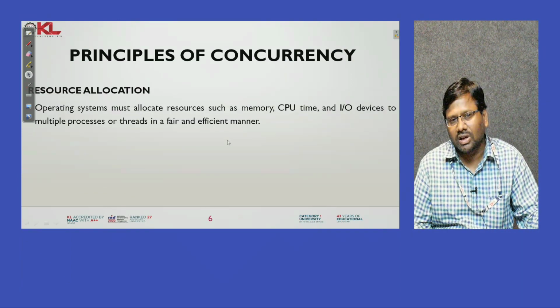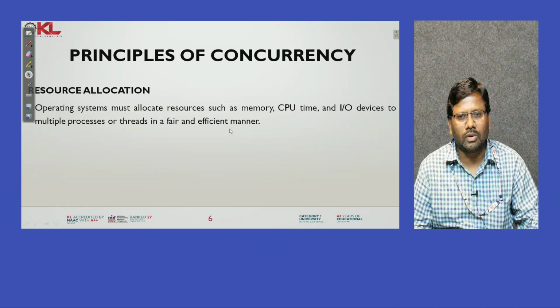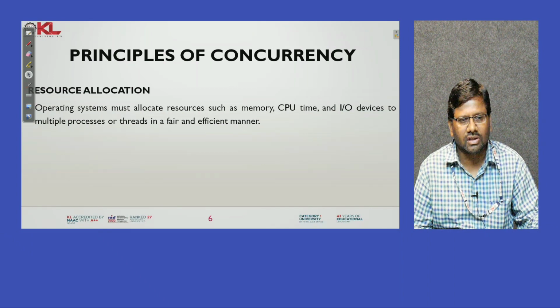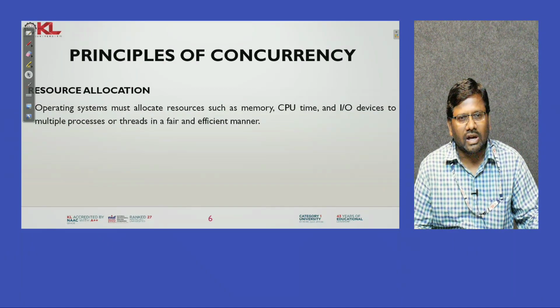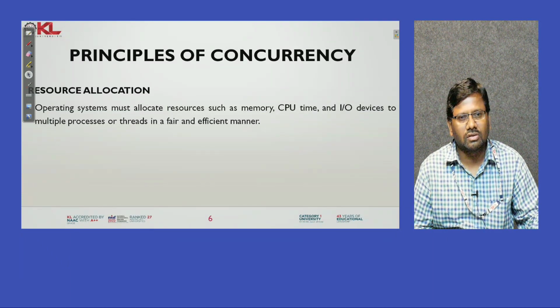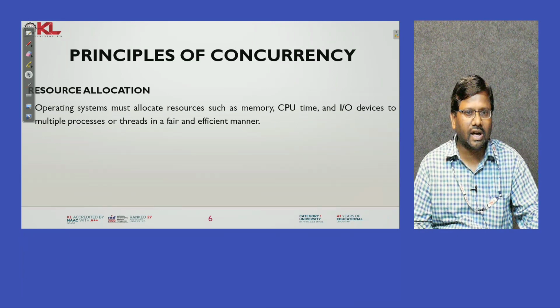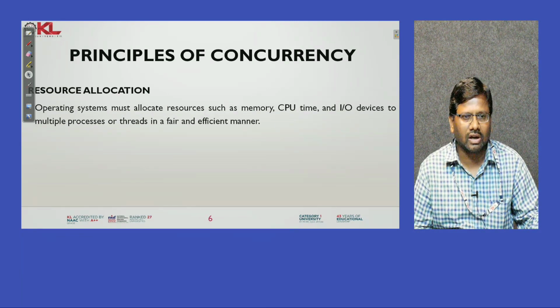What are the resources that we come across with respect to the operating system? Memory, CPU time, IO devices. When a task is being carried out, multiple processes and multiple threads are running, so there should be good coordination among the resources, resource allocation, for a particular task to be completed. This could also be considered one of the principles of concurrency.